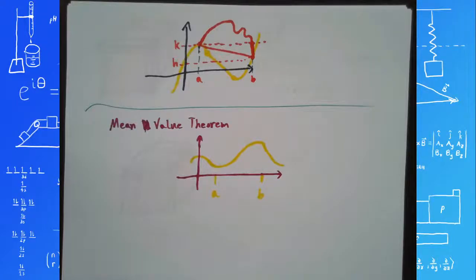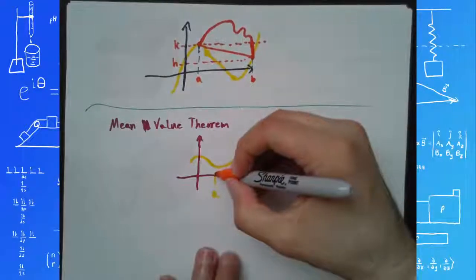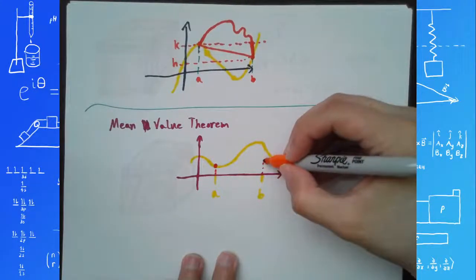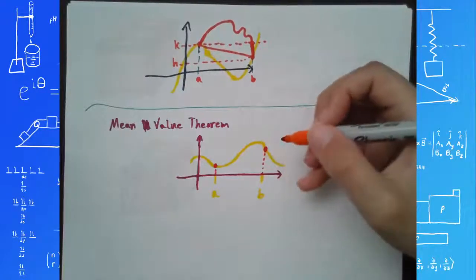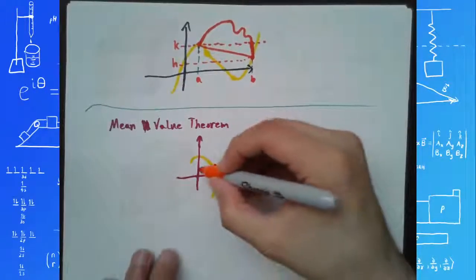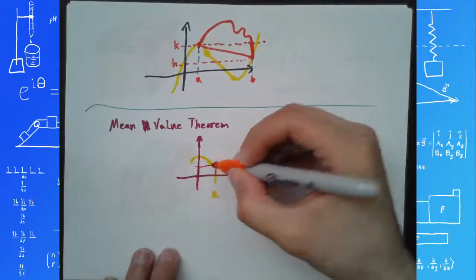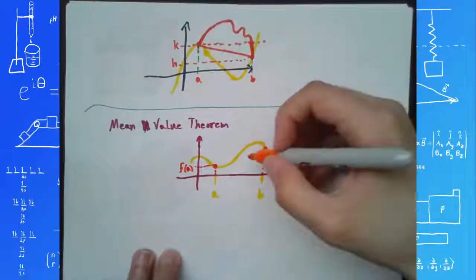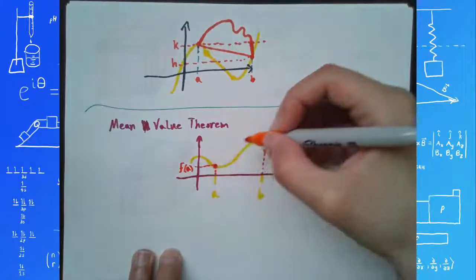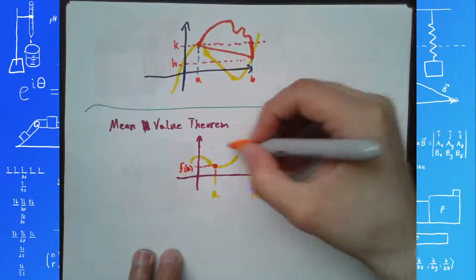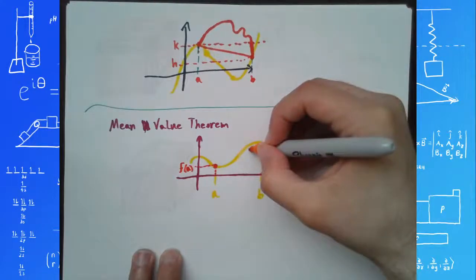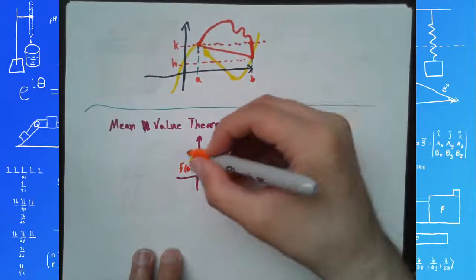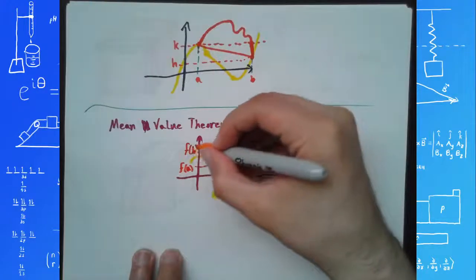Okay, so we've got f of a, which looks like it's there, and then f of b, which looks like it's here. That's probably what I should have called these earlier, actually, now that I think about it.